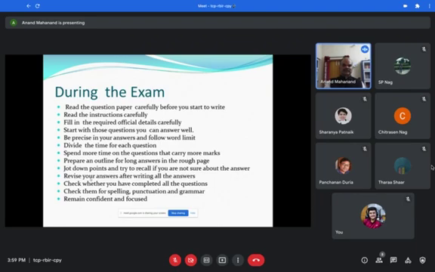So during the exam, I have told you what you have to do. You have to do all this. And before the exam, one more thing I want to tell you. This happened with me. In college, I used to think whether I should use my ink pen or ball pen.